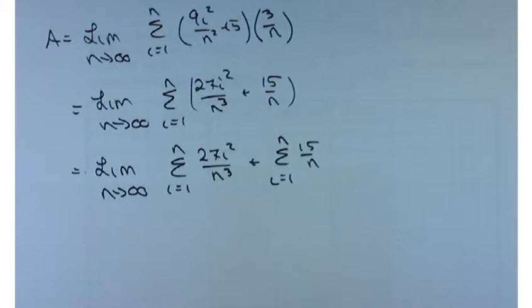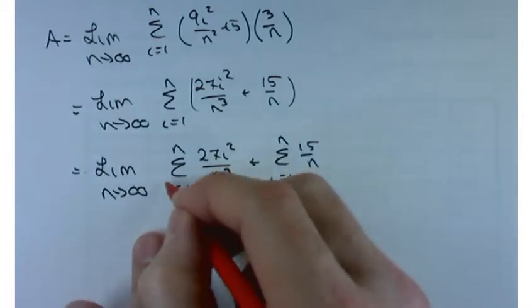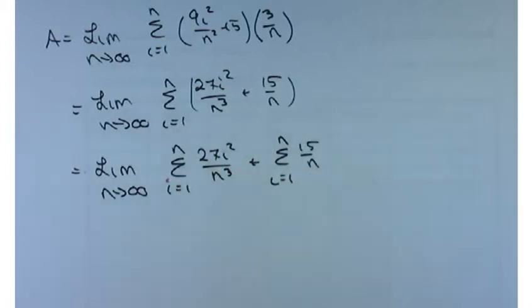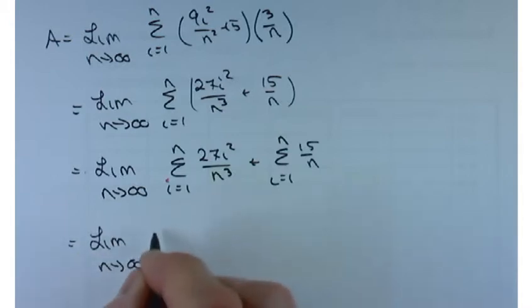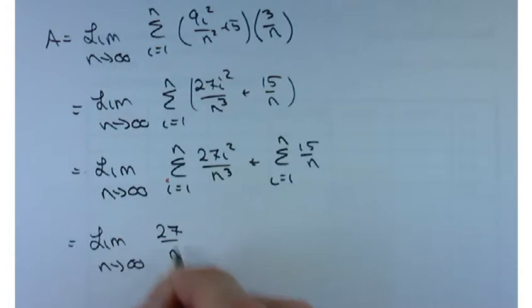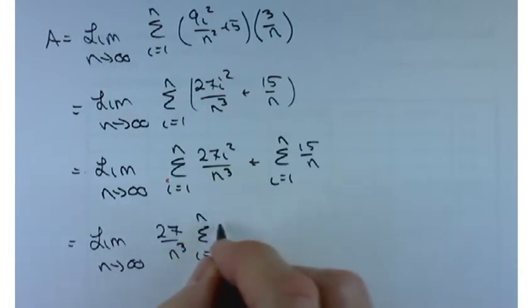Now here's where we're going to get a little bit clever. We're also going to use those theorems that I gave you at the start of this. This summation depends on the variable i. That's all that matters here. This is being summed with respect to i, so everything else is a constant and can factor out. So this is the limit as n approaches infinity of 27 over n cubed times the sum from i equals 1 to n of i squared.